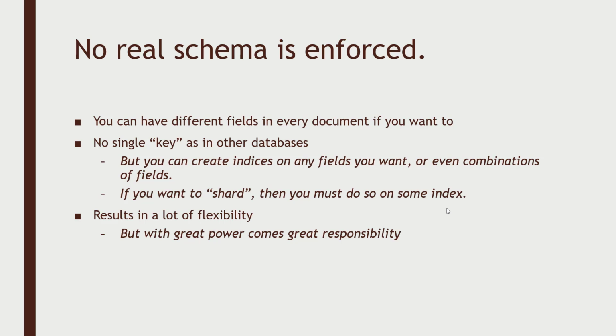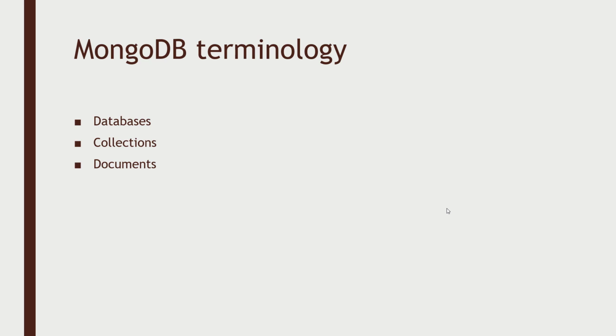At the end of the day, it's still a NoSQL database, so you cannot do joins efficiently. So you want to make sure your schema is denormalized as much as you can. In MongoDB world, we talk about databases and collections and documents instead of databases and tables and rows. So this kind of gets away from the notion of there being some sort of fixed schema, which is kind of implied in the words table and row.